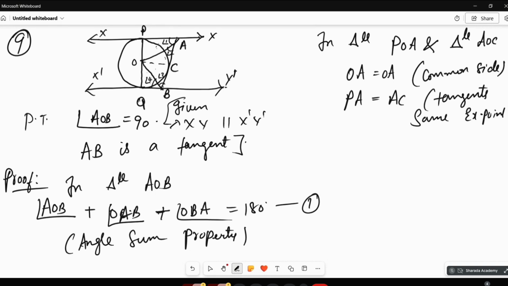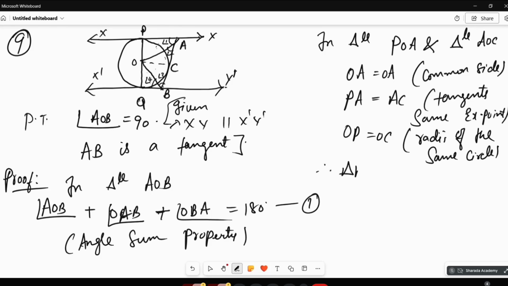Next, OP is equal to OC, radii of the same circle. Therefore, triangle POA is congruent to triangle AOC by SSS congruency rule.